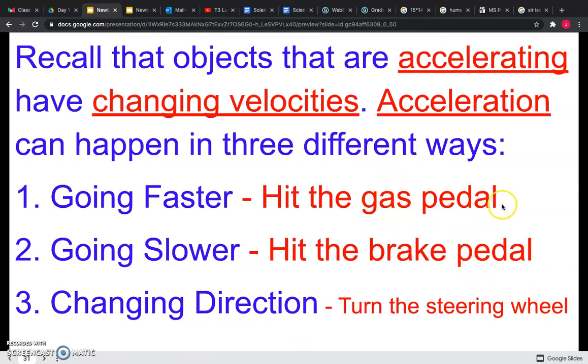Normally we just call the gas pedal the accelerator, but really these are all accelerators, depending upon the situation, right? They can all cause the car to accelerate. So it's not actually just the gas pedal that'll make something accelerate. They all cause different kinds of accelerations.